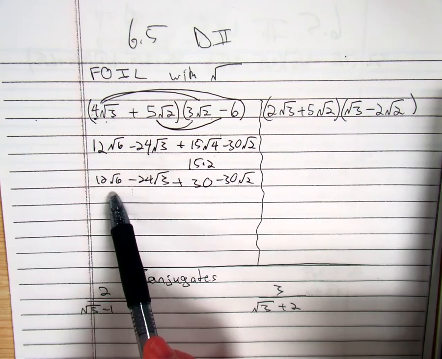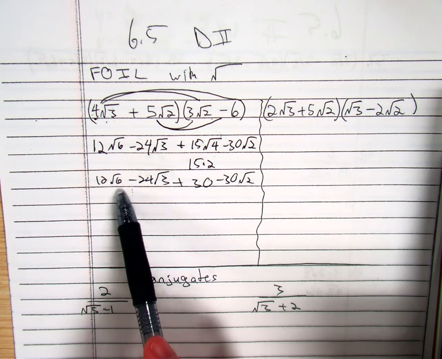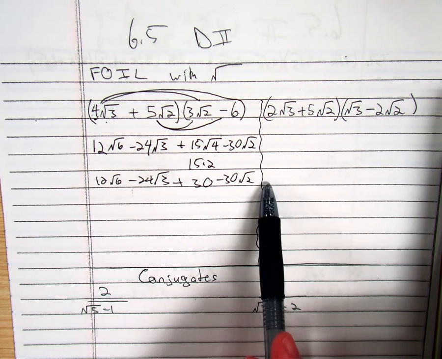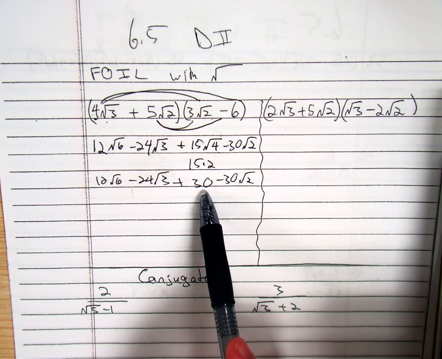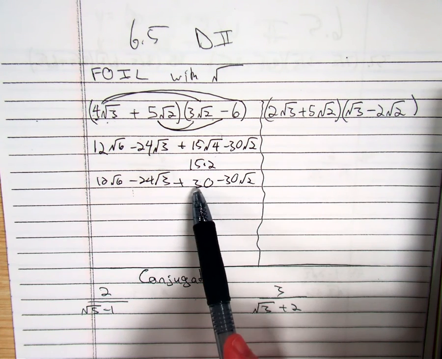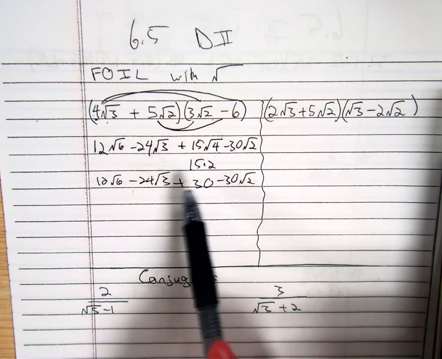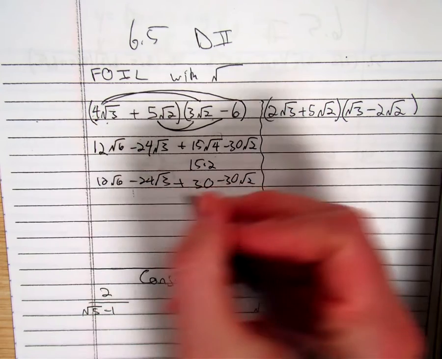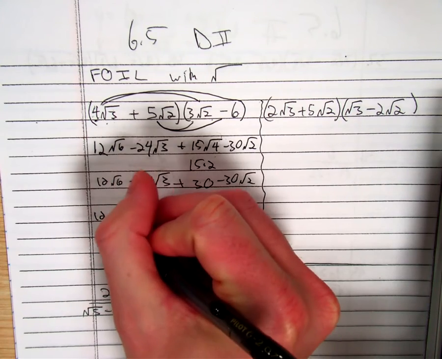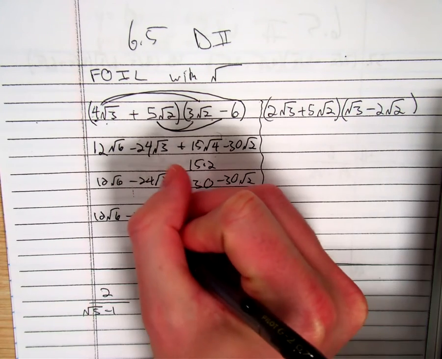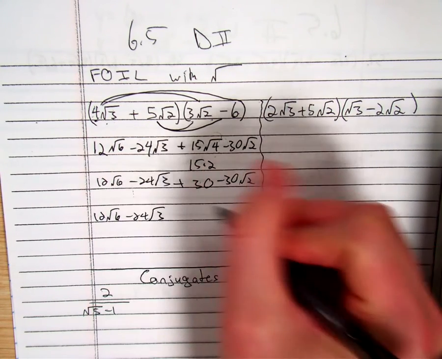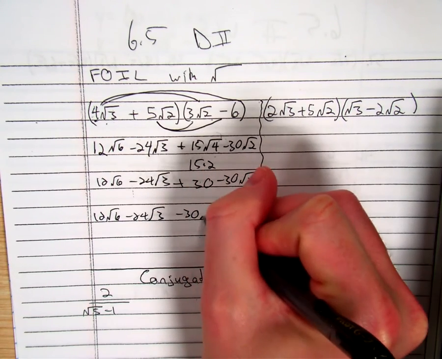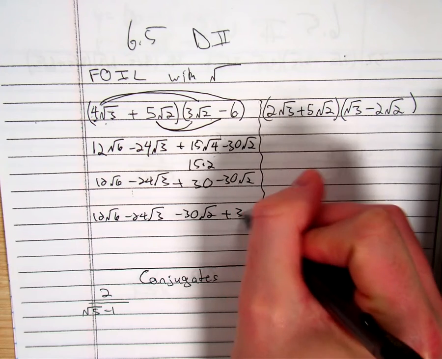So if we want to go biggest radical first, we have the radical 6, then the radical 3, then the radical 2, and then the normal number. Or sometimes maybe you want to go this way, the normal number first, then the radical 2, then the radical 3, then the radical 6. Some kind of order would be nice to have. So let's go 12 radical 6 minus 24 radical 3 minus 30 radical 2 plus 30.